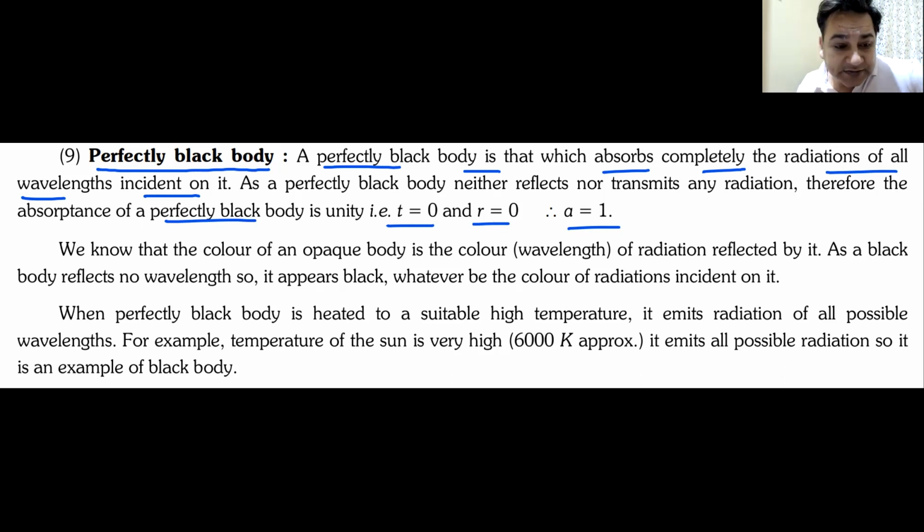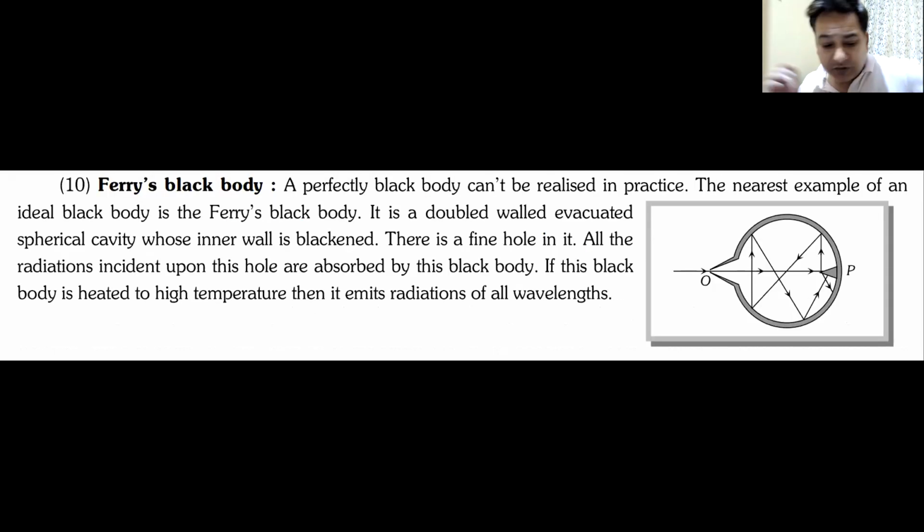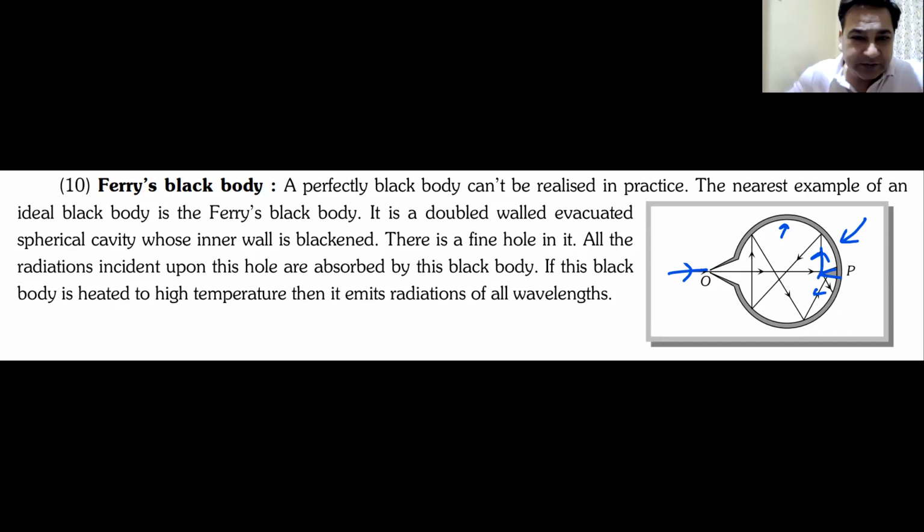That is known as a perfectly black body, and this is the simplest example of a perfectly black body. We call it the Ferry's black body, and this is how it is constructed. I have a spherical space, and then I line it with some materials which are absorbing. Then I create a notch over here. Why is this notch created? Whatever radiations fall on this notch get dispersed, and after multiple reflections, no radiation will come out of this body, and this becomes a perfectly black body.